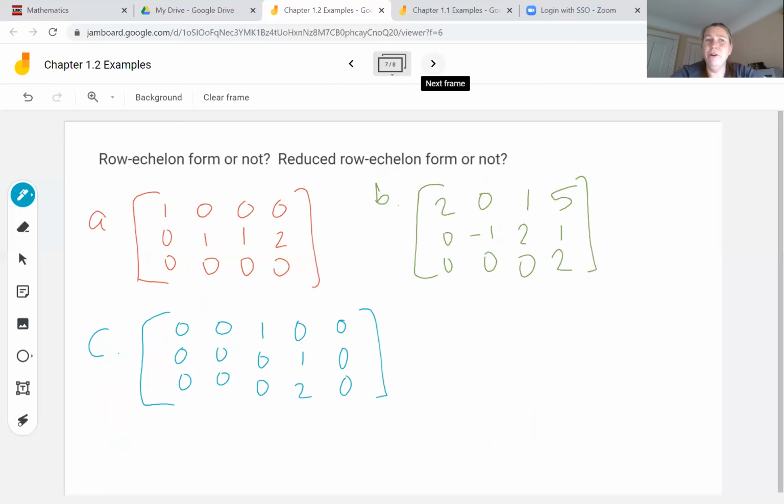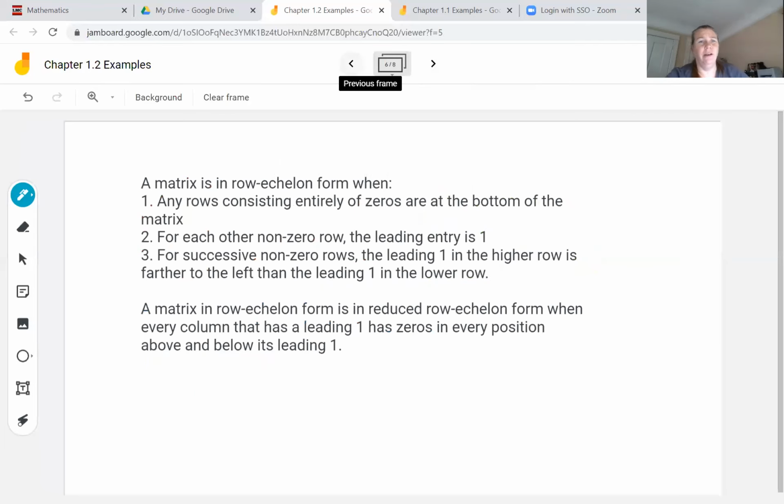So let's test our understanding of the definition. Here are 3 matrices I've written out, and I want to analyze: are they in row echelon form or not? And if they're in row echelon form, are they in reduced row echelon form or not? Matrix A here looks like it satisfies all 3 conditions in the definition of row echelon form. If we go back a slide, we see our conditions are that any rows consisting entirely of zeros are at the bottom.